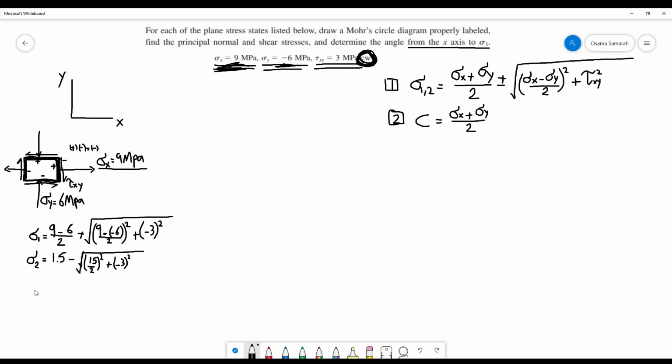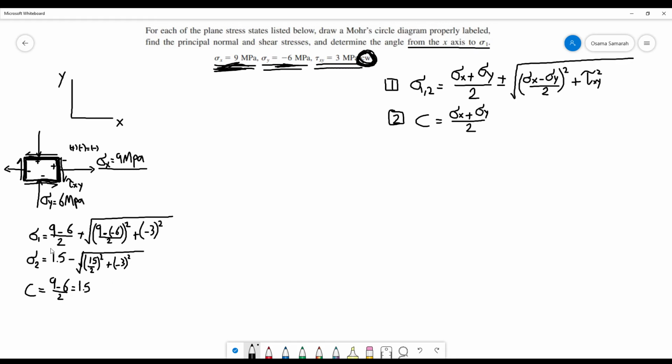And the center, C, is equal to sigma x plus sigma y, so 9 minus 6 over 2, which is 1.5.